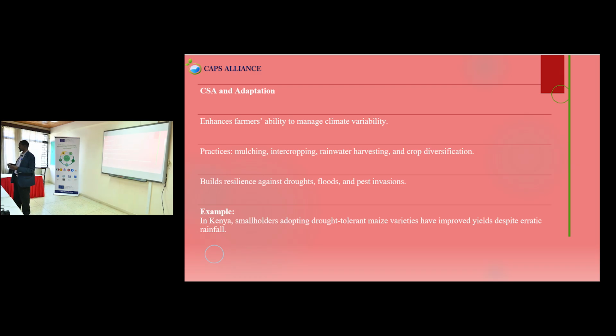There is coffee, and which part of central province is the driest? Kieni, yes. But people in Kieni plant coffee because there are varieties which can withstand arid regions and all that. Next.